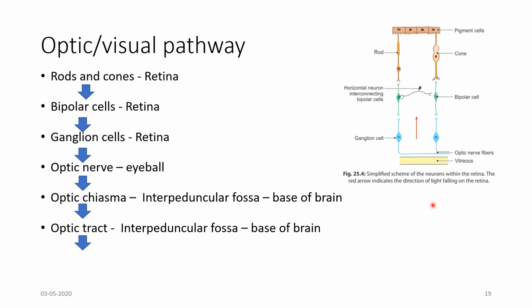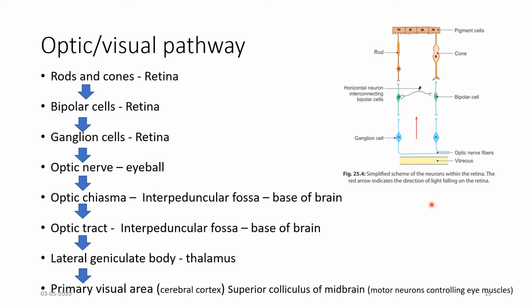From the optic tract, the information will go to a structure called the lateral geniculate body, part of thalamus. From the lateral geniculate body, it will be transmitted to the primary visual area in the occipital lobe of cerebral cortex, and also to the superior colliculus of midbrain, to the motor neurons that control the eye muscles. So this is the optic or visual pathway.